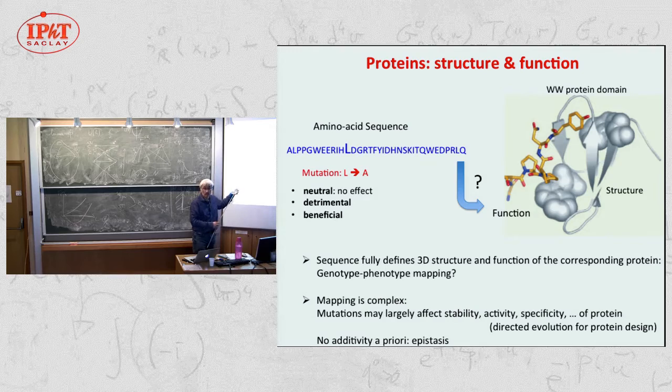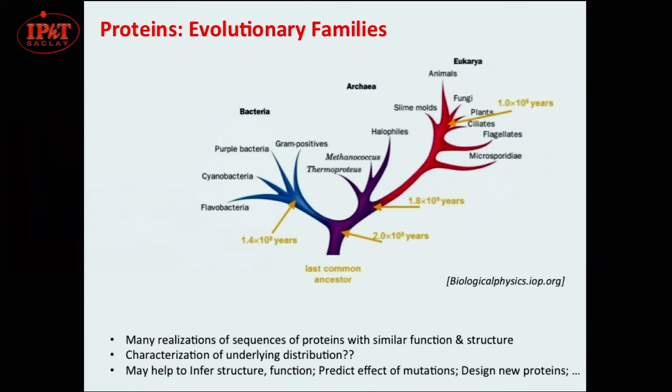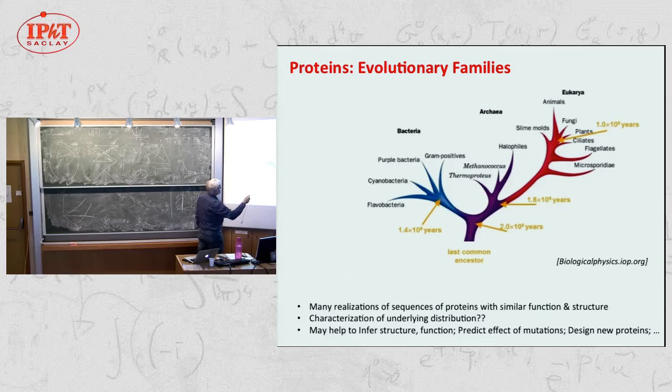So the sequences are very different. Also, the environments of the organisms and the function have changed a little bit, or maybe in some cases a lot. But essentially, what we can say is that if we look at the proteins which have the same function in all these organisms, then we have many realizations, many sequences of proteins with very similar function and structure. This is the idea. So you get basically a statistical realization of something which actually has common properties.